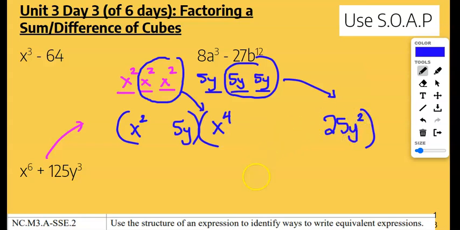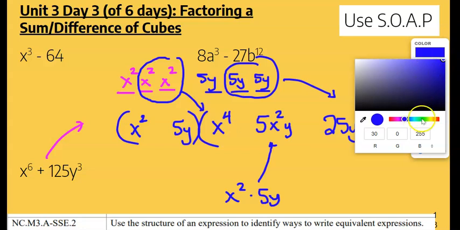And one of each. So I've got to do x squared times 5y. And they don't multiply together, but I can put them together in one term, alphabetically. x squared is first, and then the y. The y didn't have an exponent. The x had a square, so I kept that consistent.